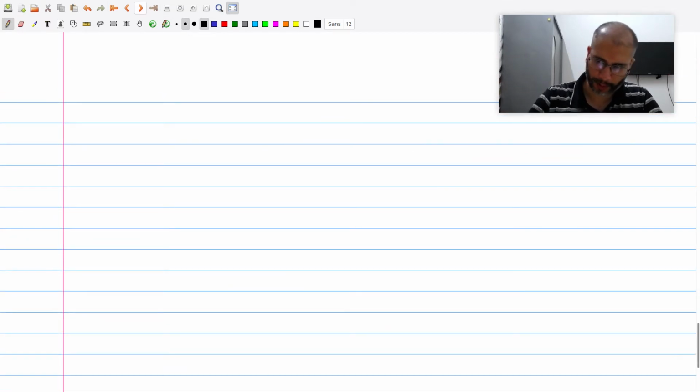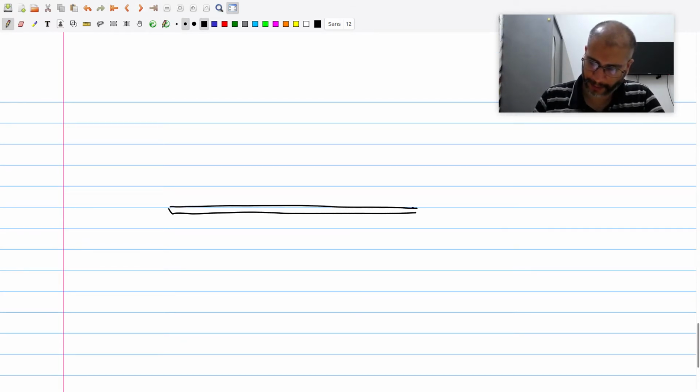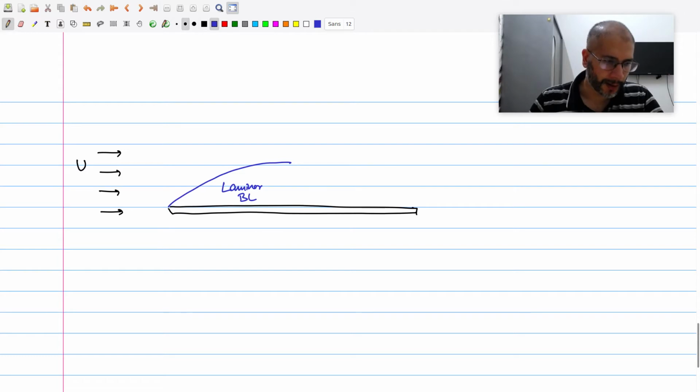Let me start a new page, it's easier. Again, let's say we have a flat plate and there is an oncoming flow with a uniform speed u. Initially the boundary layer is laminar, but after some distance we start seeing that the boundary layer becomes turbulent.